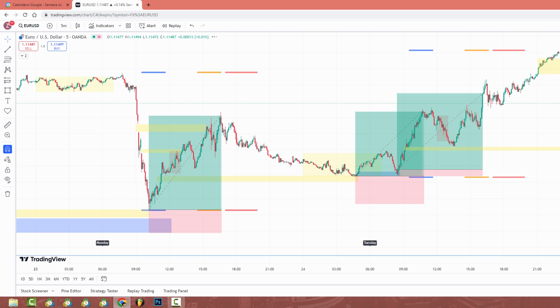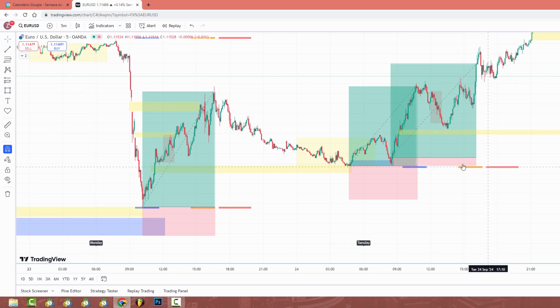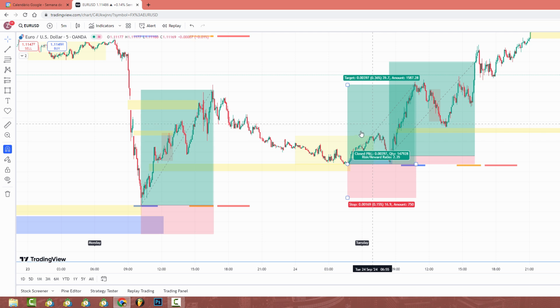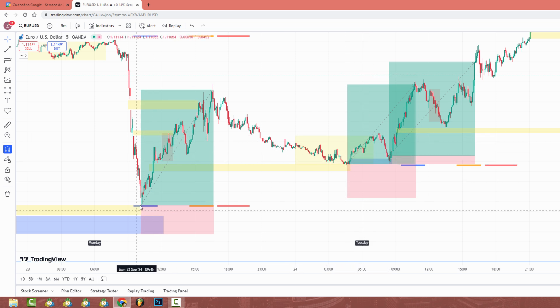So this is why I pointed it out in the video. Price came into the imbalance, so you could aggressively trade it. Imagine, I wouldn't, but just for the sake of the video, you could have longed it here because price was protected back then.